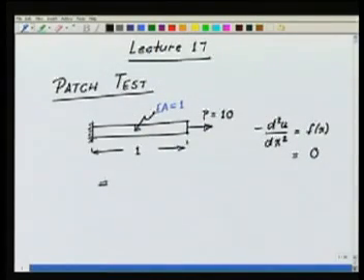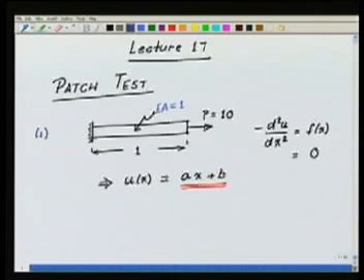So this implies that u of x, the exact solution, will be equal to ax plus b. From the boundary condition that we have applied here, the b would come out to be 0, but this is the representation. So my exact solution is actually linear. This problem I am going to call problem 1. Similarly, let me take problem 2.